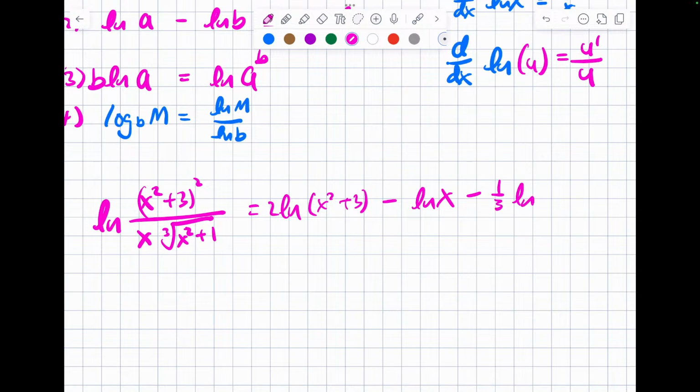Did you guys do minus? Minus natural log of x squared plus 1. Did anybody mess up the sign? Okay, that's good. That's better than expected.